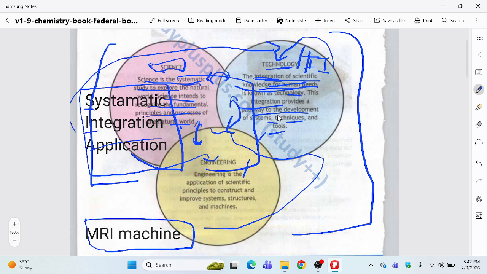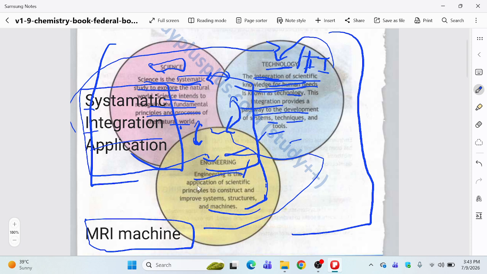And why are we seeing technology? We see technology as a way in which it is creating systems, techniques. We need tools to create systems. In the natural world we study the natural world, we create theories, and we need something to show our theory design, in which we use tools to present our theories. And engineering is the final design, where we design it and use it in our applications of daily life.